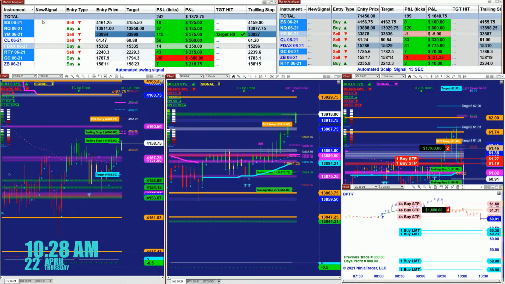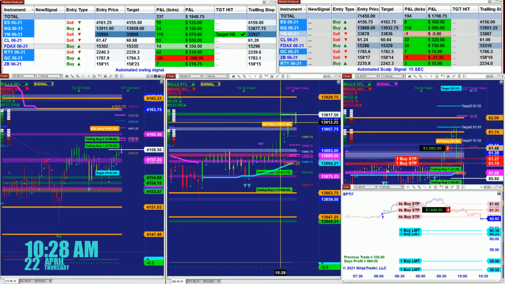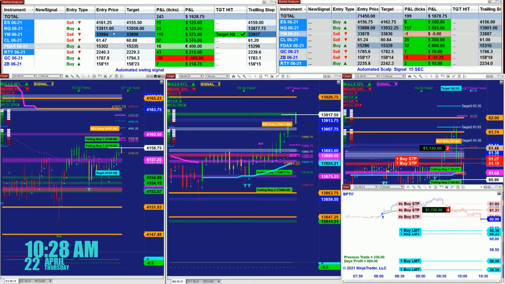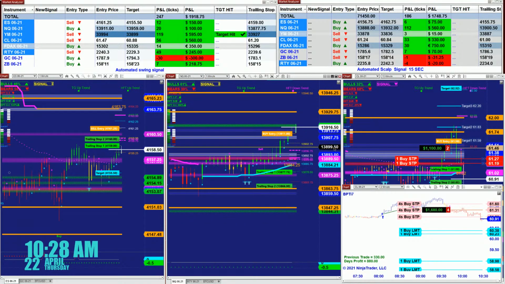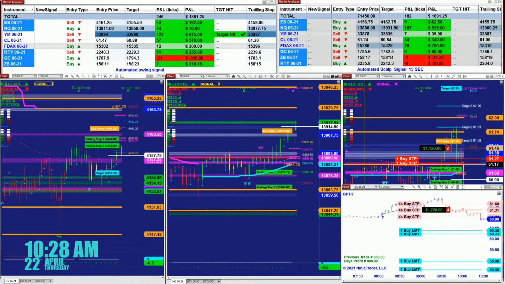We cannot confirm the NASDAQ until we see this ES getting out of this muddy hole, to put it nicely. So right now, I'm not interested in this NASDAQ signal to go long until I see this whole market going long, the ES going in conjunction with the NASDAQ.